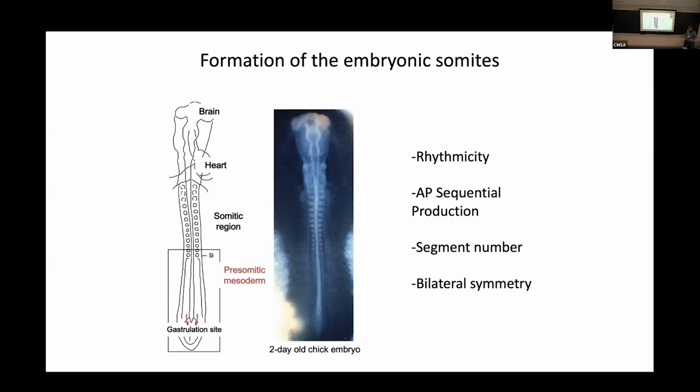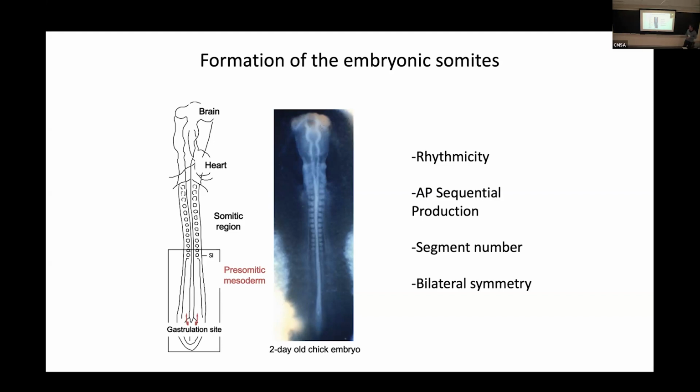They are produced with a defined rhythm, which is species specific. And it's one of the few embryonic structures that actually shows this type of property. They also show a directional production, if you want. Their production follows the elongation axis, the anteroposterior axis.